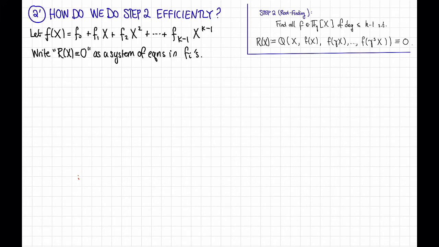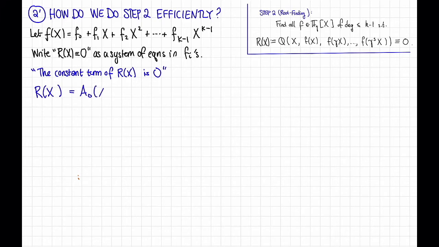Let's start with the constant term. So what does the statement, the constant term of r of x is 0, look like? We have that r of x is equal to a0 of x plus the sum from i equals 1 to s of f of gamma to the i times x times ai of x.